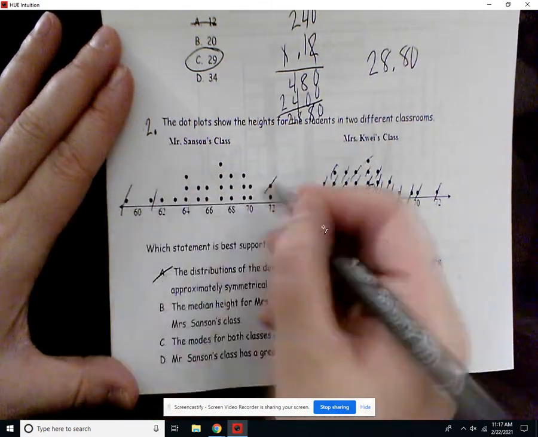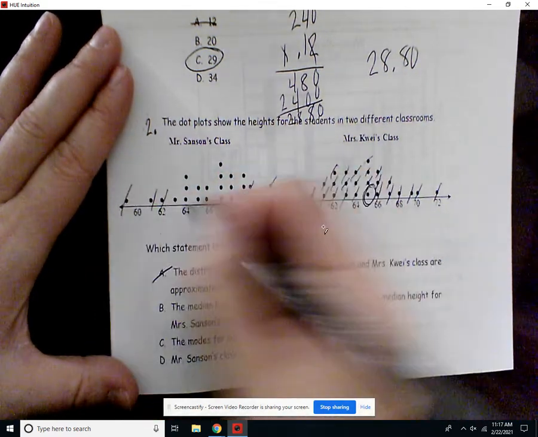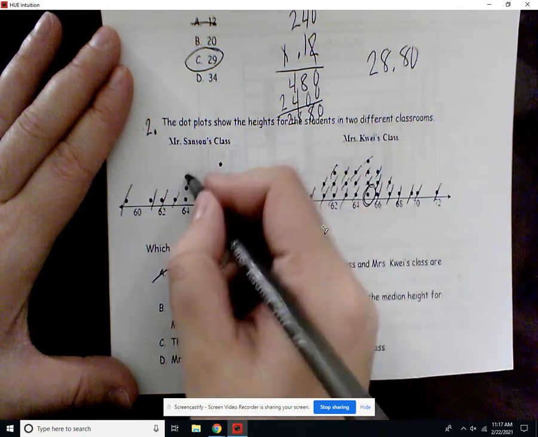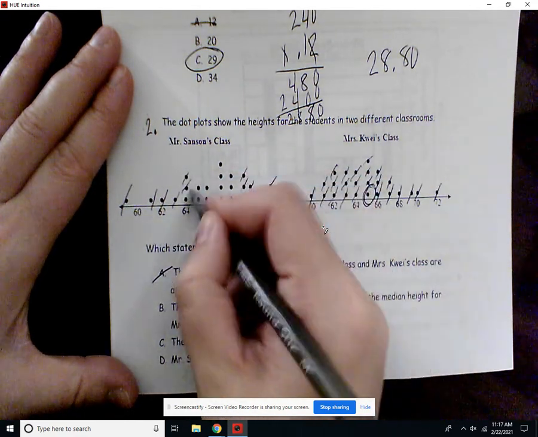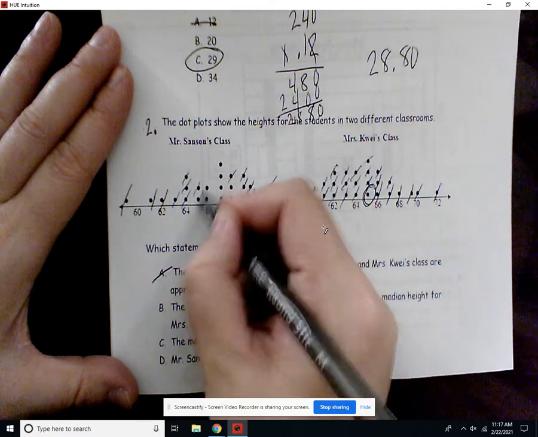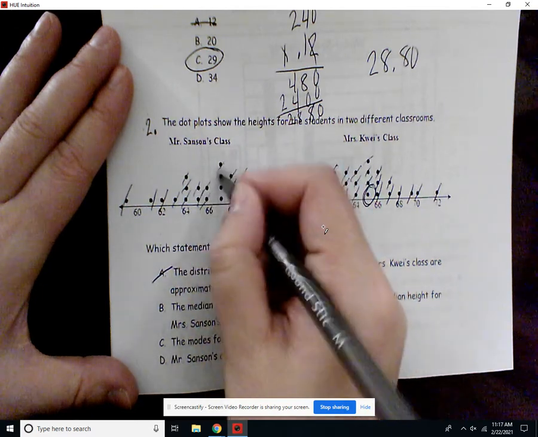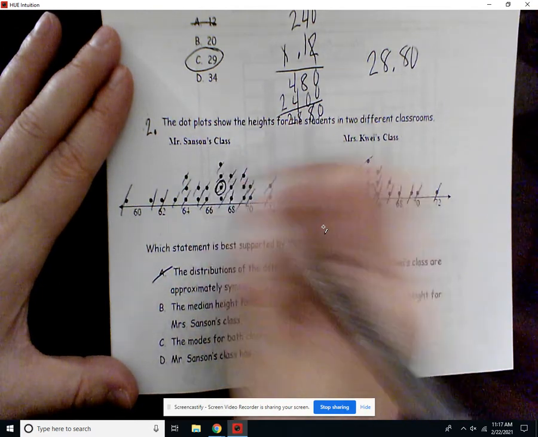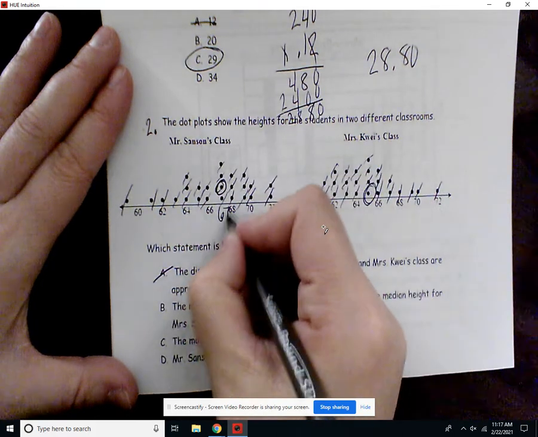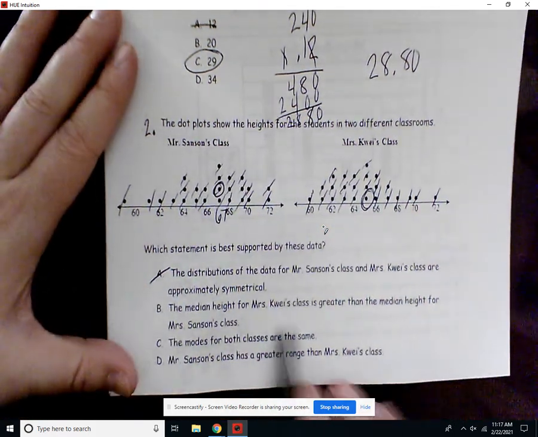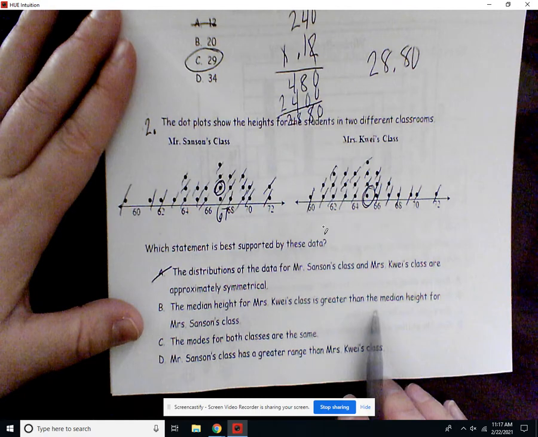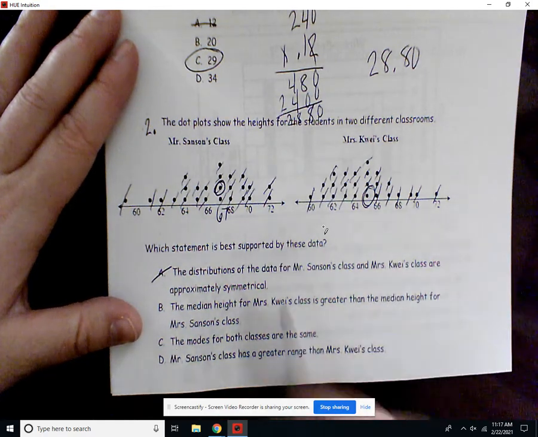Now I'll do the same thing for Mr. Stanson's, marking off a high and low, and his is 67. It says Mrs. Kiwi's is greater than Mr. Stanson's, and that is false.